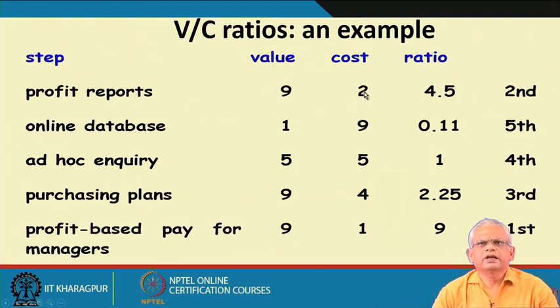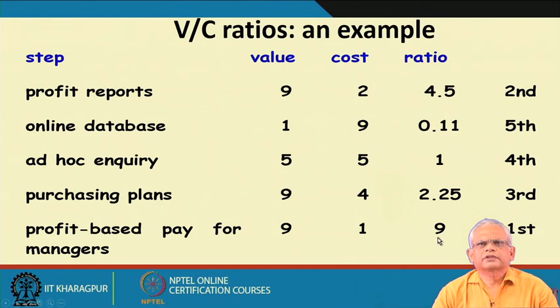The development team, when asked to rate this on 1 to 10, found that the least cost for development is profit based pay for manager, profit reports is 2, purchasing plans is 4, ad hoc inquiry is 5, and the most difficult to implement is the online database. And then on computing the V by C ratio, we find that there is a scale of 9 to 1, 0.1, 0.11.